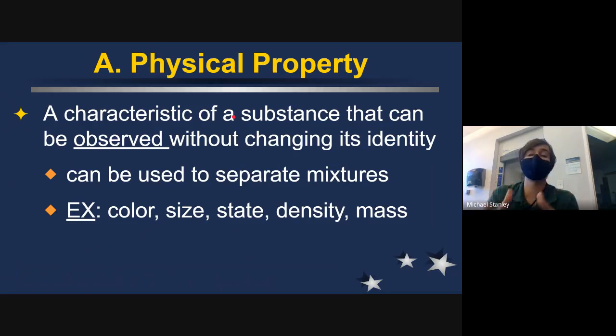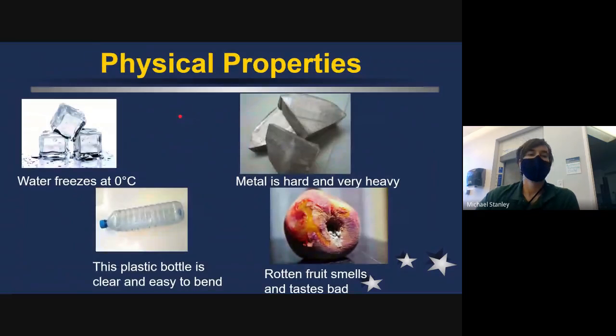So anything that we can see or observe when looking at a piece of matter is a physical property. So, for example, we can measure water freezing at 0 degrees Celsius. So that's a physical property.